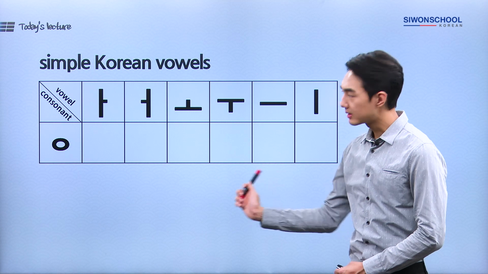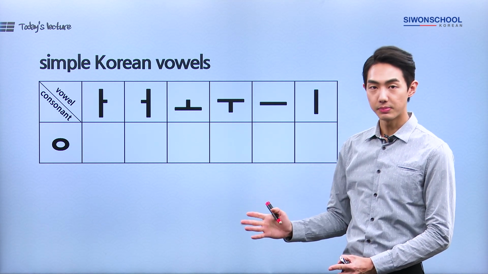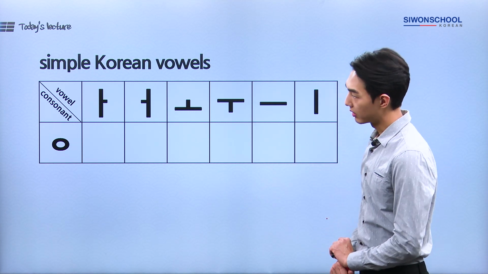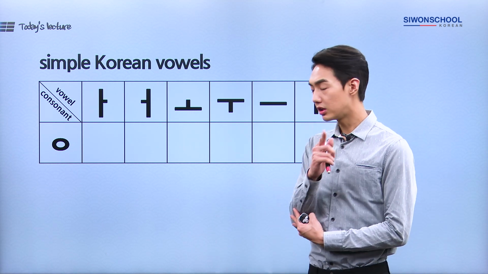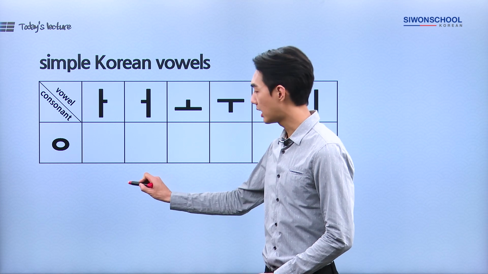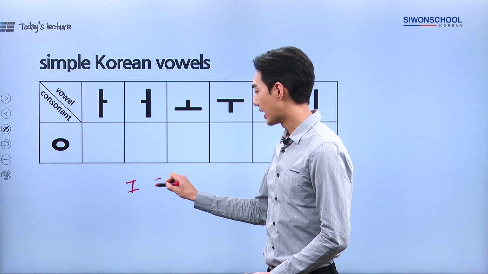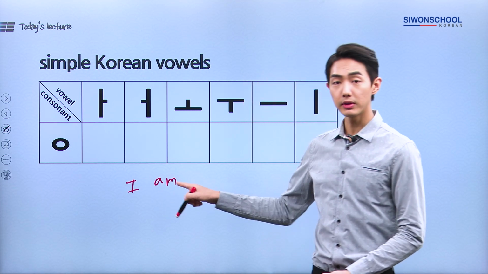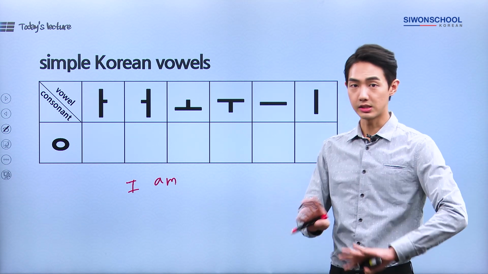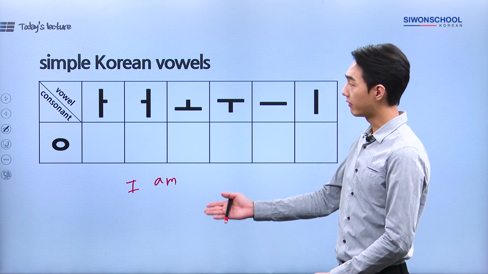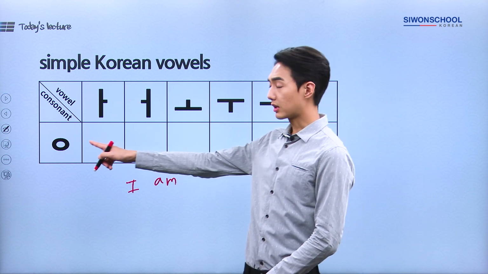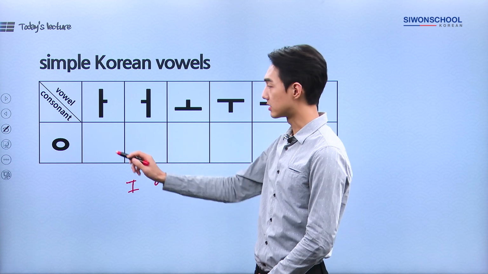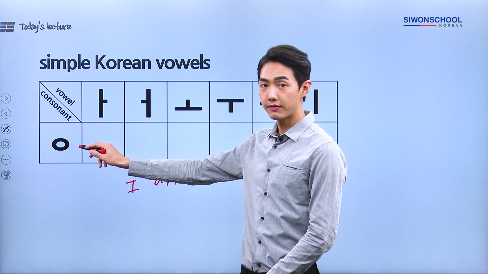I'm going to say it a lot of times, but first I'll tell you how to write. How do you write a Korean letter? In English, it doesn't really matter; you can mix and match the alphabet to form a word. However, in Korean it's not like that. The consonant always comes first, but this one does not have any sound.